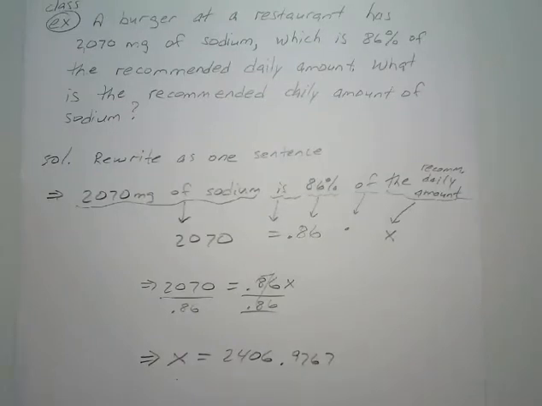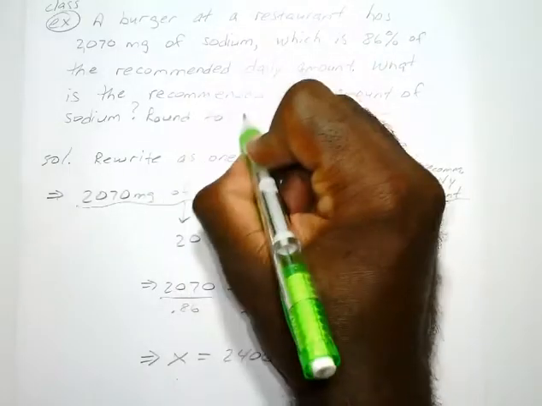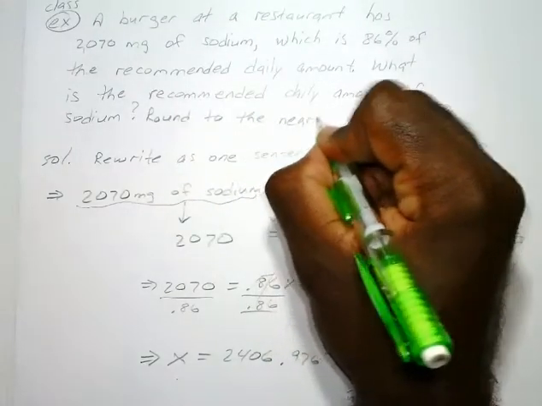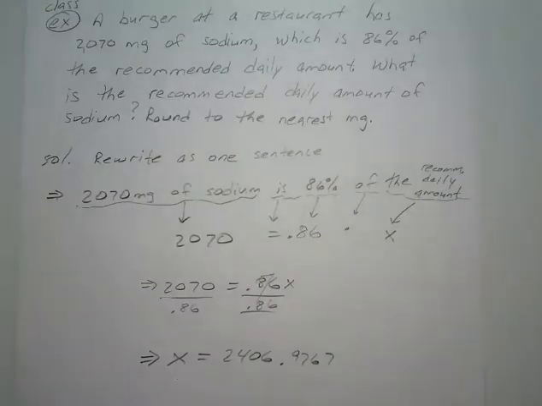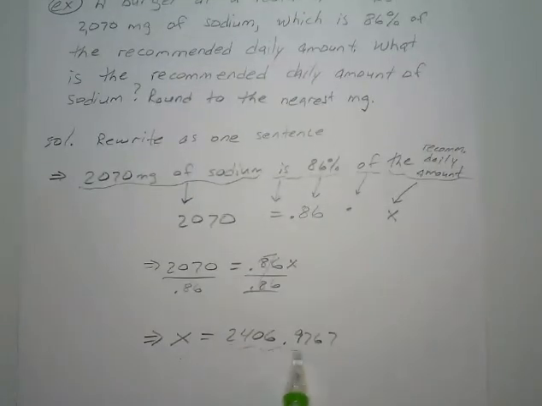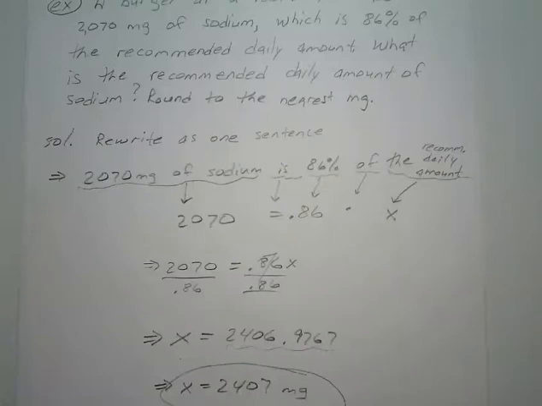Oh, one part of the problem I did forget to add, where we're going to round to the nearest milligram. Alright, so we're going to round this to the nearest milligram, so that means x equals 2,407 milligrams. Okay, so that's the recommended daily amount of sodium.